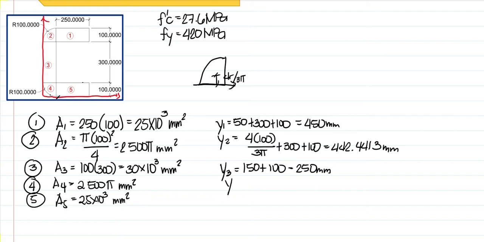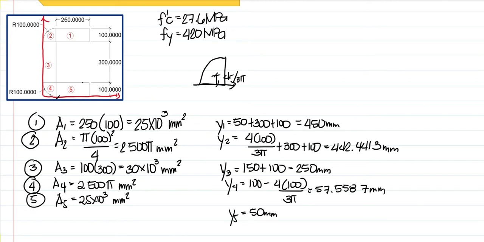So, y sub 4 is equal to 100 minus 4 times 100 over 3 pi, which is 57.5587 mm. Then, y5 is just half of 100, which is 50 mm.